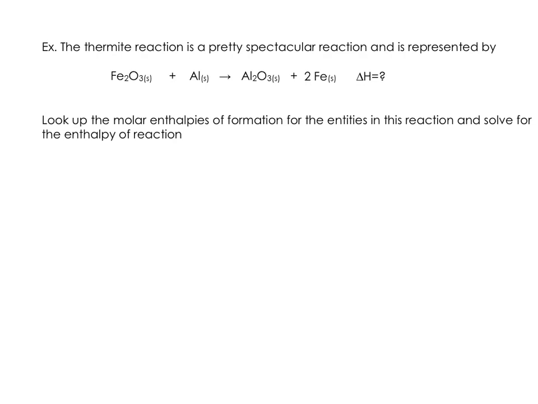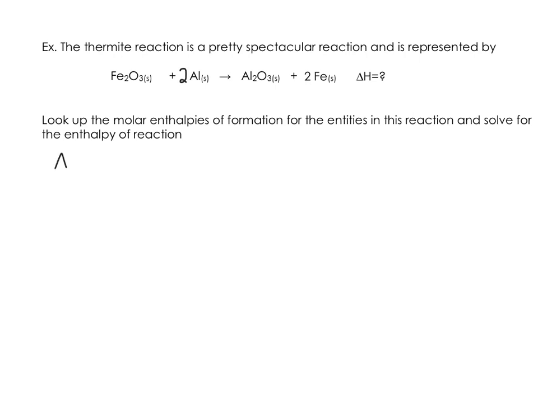The thermite reaction is a pretty cool reaction. Well, it's very hot actually, but it's cool. Oh, I'm missing a 2. Now it's represented by this equation. So what we're going to do is look up the molar enthalpies of formation, and then we're going to solve this reaction.